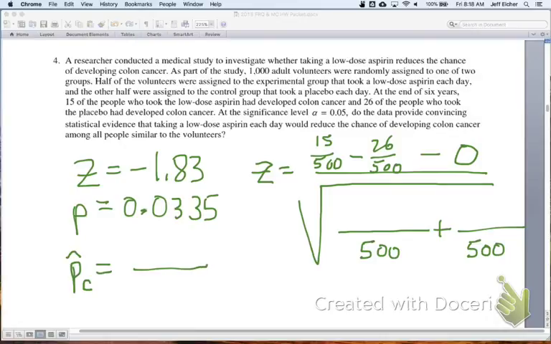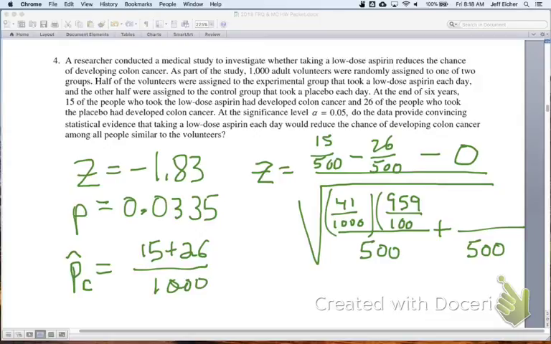p-hat, which would be the combined number of successes, 15 plus 26, over the combined sample size, which is 1,000. So we should actually have 41 over 1,000 times 959 over 1,000. And that's the same for both of these, 1,000, 1,000, 41, 959.